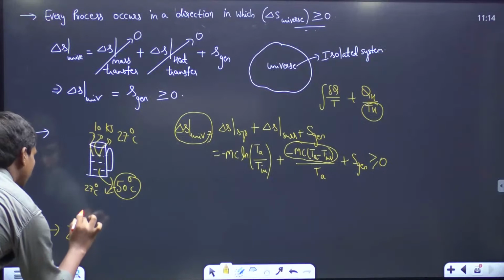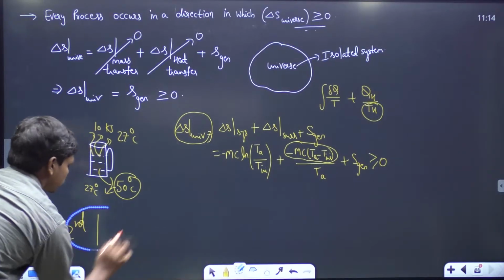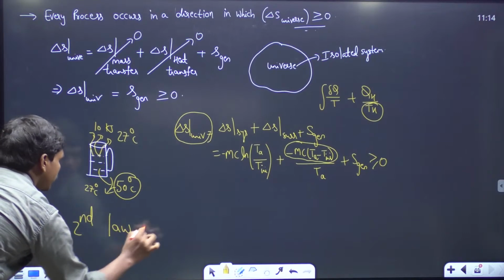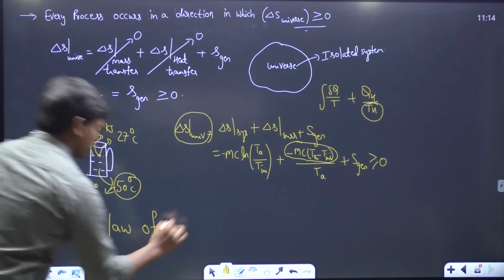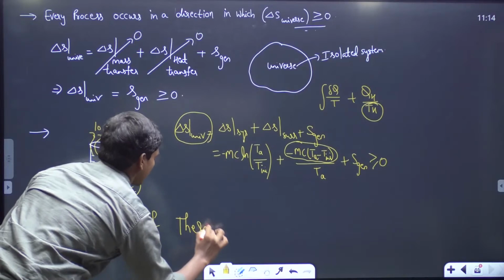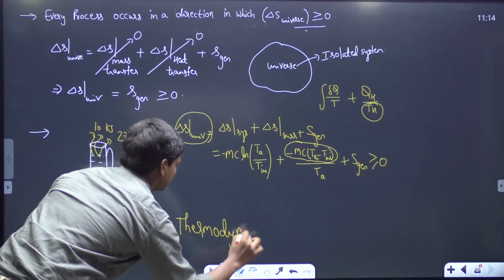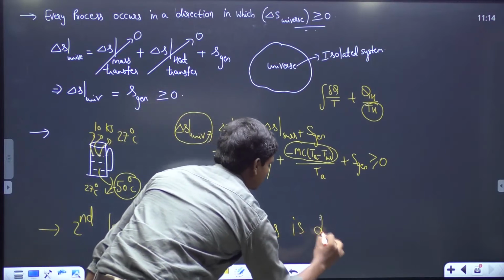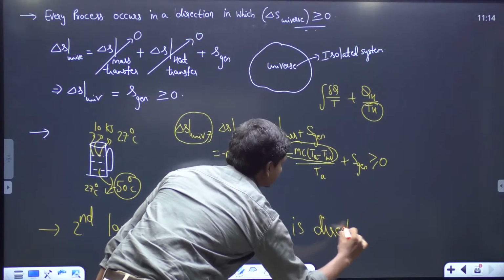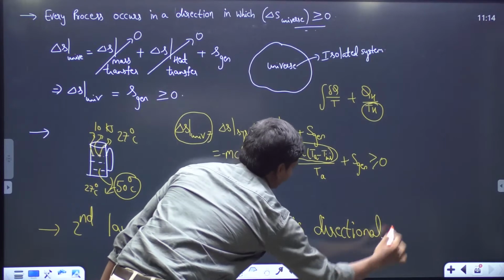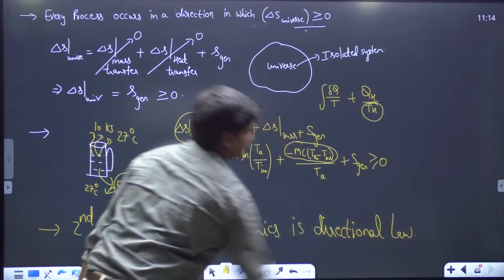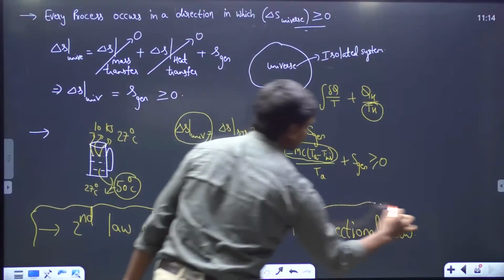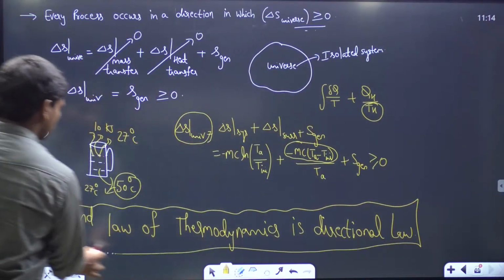So you can write: second law of thermodynamics is a directional law, which means it tells us, along with the energy balance, the direction in which the process has to occur.